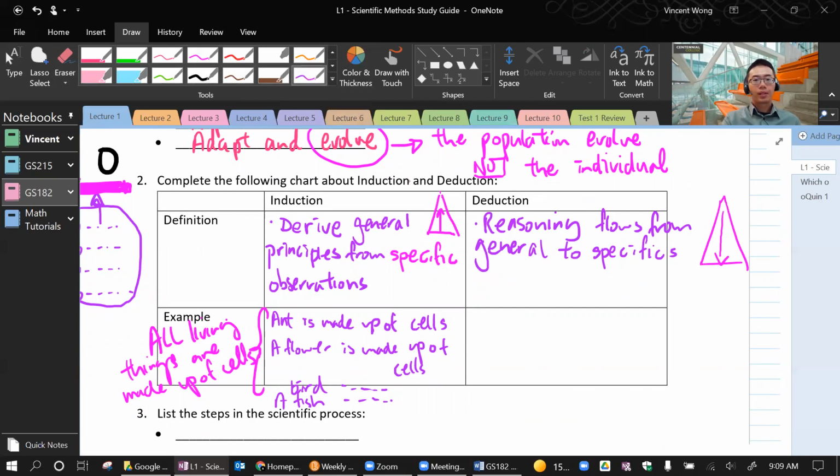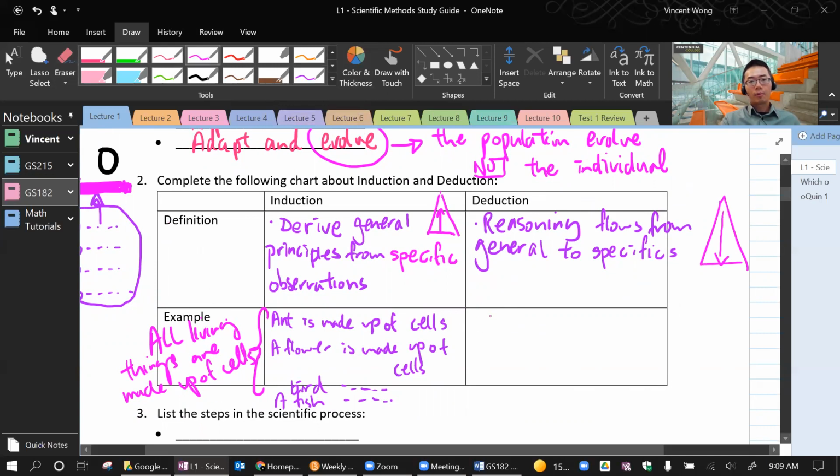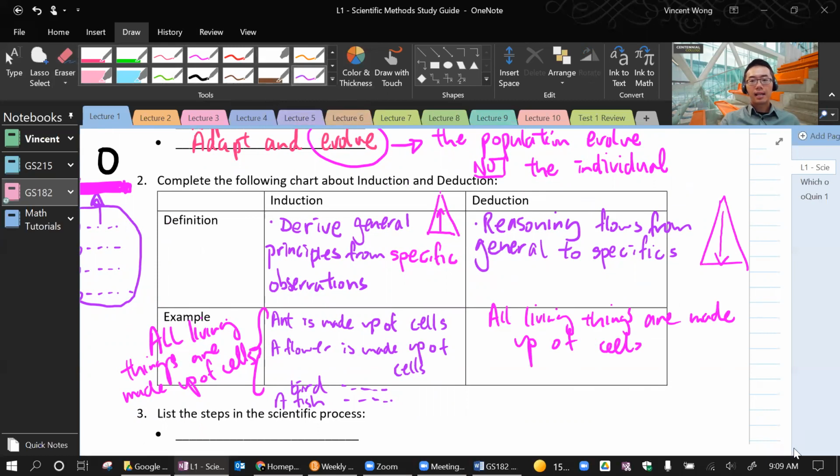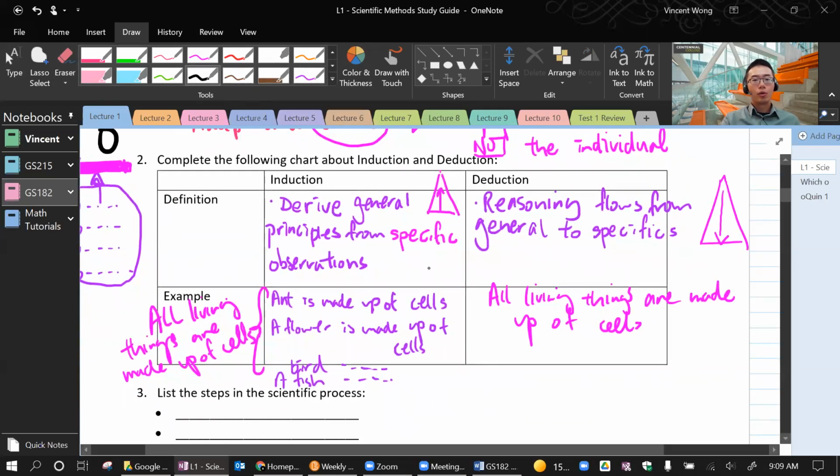An example is that, okay, we know from before we said all living things are made up of cells. So that's a general statement. And then let's say I discover a new organism, our little furry friend from before.